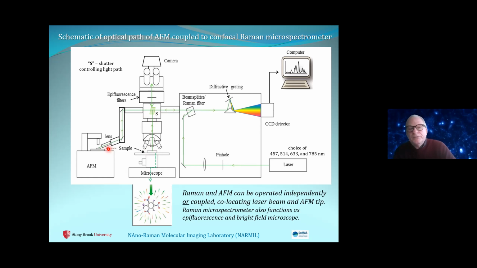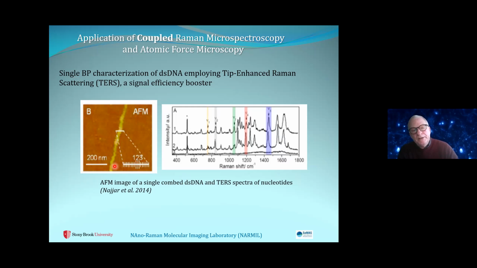Okay, but again, I'll stop there because I am going to show you one bit of data, not from our lab, but published data. When you couple atomic force microscopy with Raman, you can actually get spectral information from an individual strand of DNA. This image you see here is a combed strand, double-stranded DNA molecule on the atomic force microscope stage.